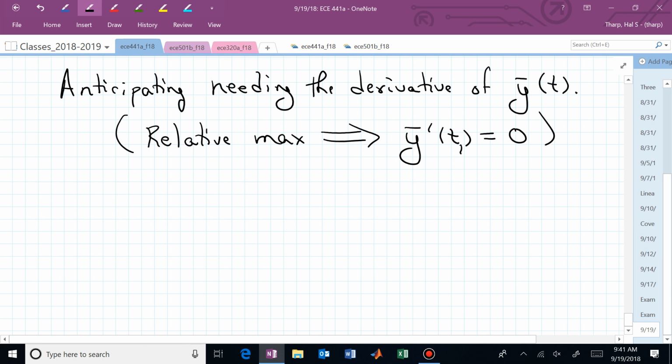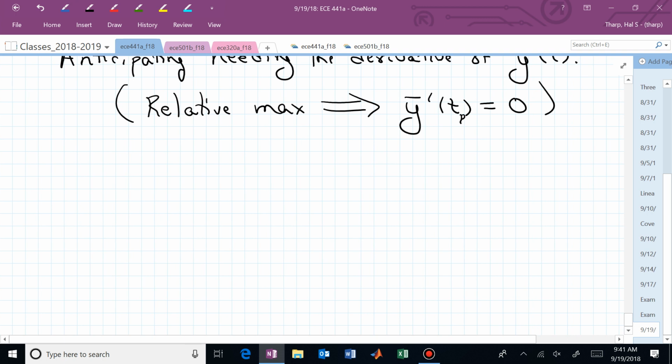And we're actually going to call that t sub p. Or there's many different times, but we'll call t sub p the first time after 0 when it peaks. Well, how do we find the derivative of y bar? We don't even have that function, but we do have its transform. We have y bar of s.